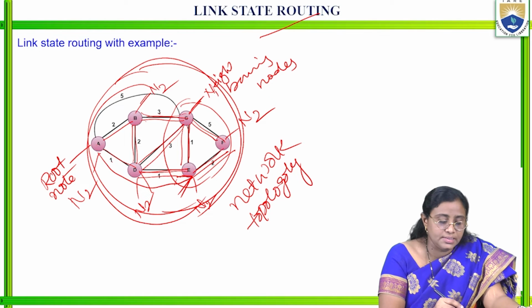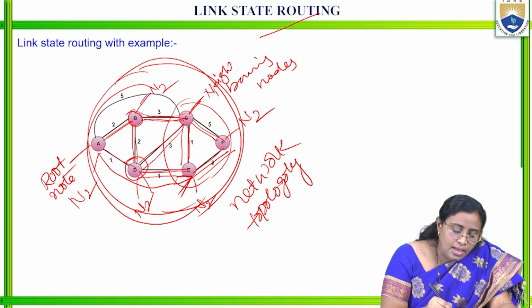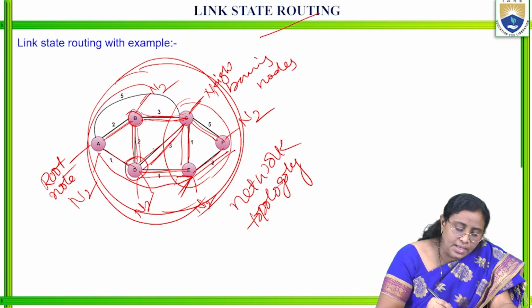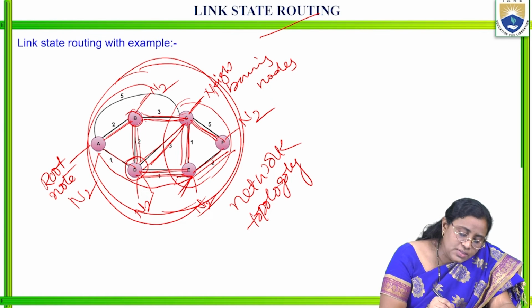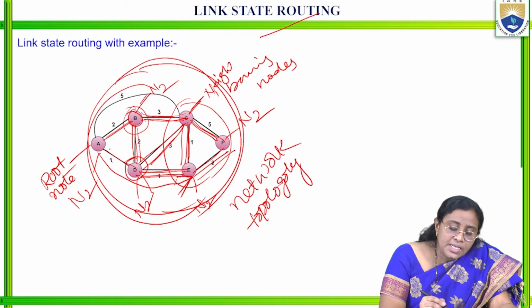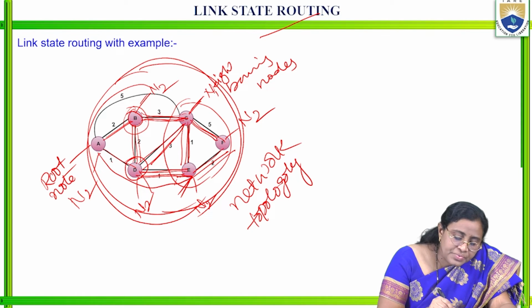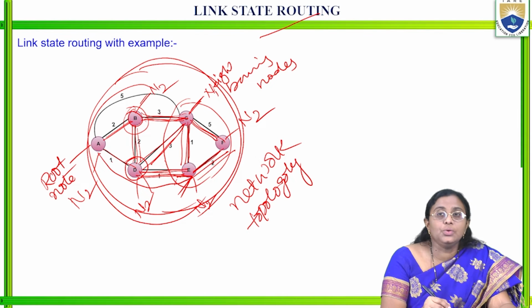As I have already discussed, this is the root node A and it is associated with B. From the root node to B, and from the root node to D, B to C, and B to D, C to D, and D to E, and C to E, and C to F. We have already determined that B and D are the direct nodes or direct links associated with the root node A. C is an extended node, E is an extended node from D. Again, F is an extended node from C to E.